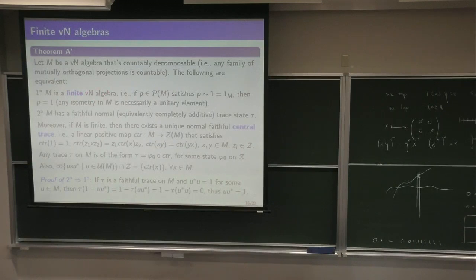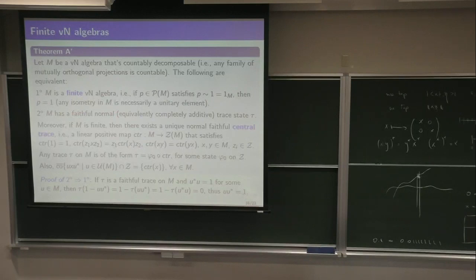And for a von Neumann algebra that's countably decomposable, by that we mean that any family of mutually orthogonal projections is at most countable, you have the following equivalence. M satisfies the finiteness axiom, so what we call M is a finite von Neumann algebra.